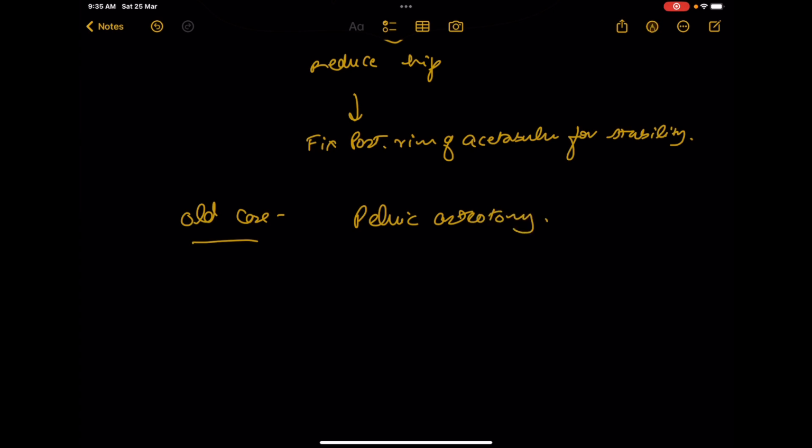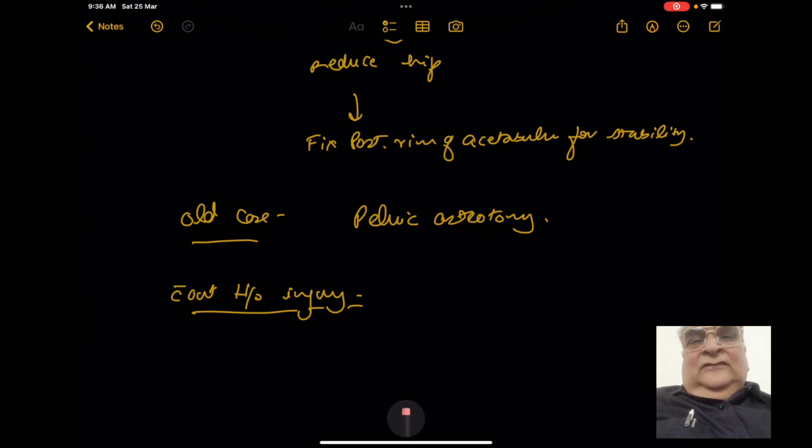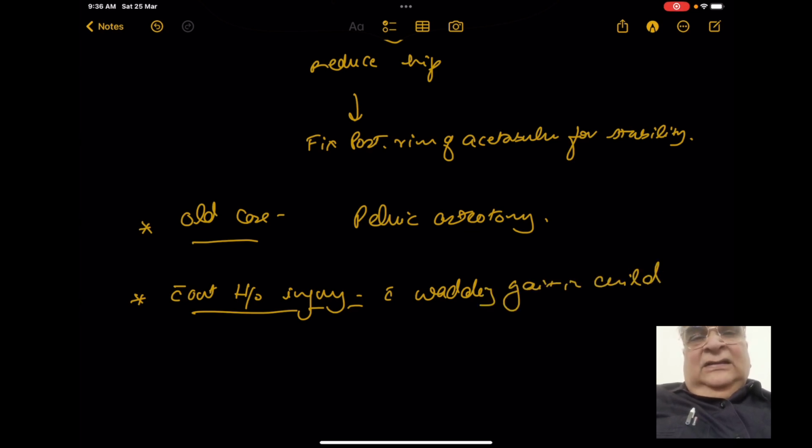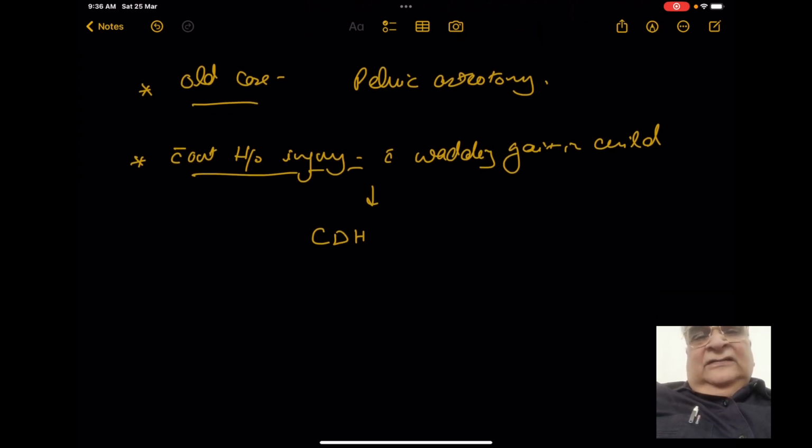Without history of injury, if we get the same physical signs with a waddling gait in a child, maybe bilateral, then it is congenital dislocation of the hip. The principles of management are literally the same.